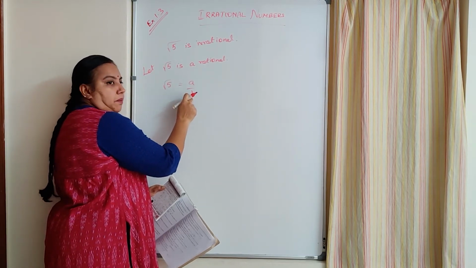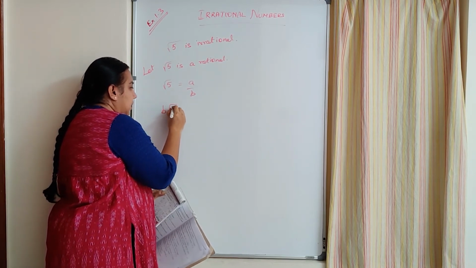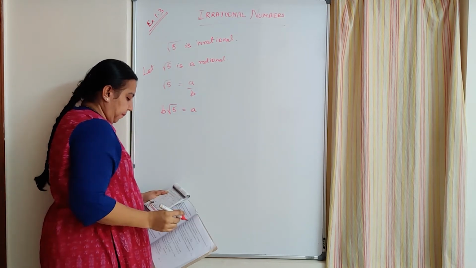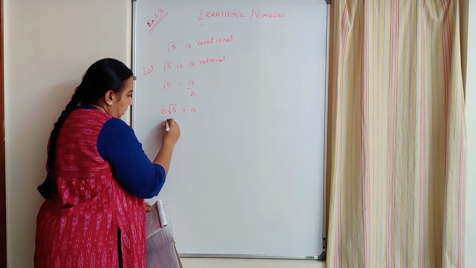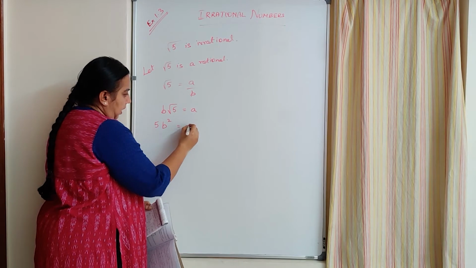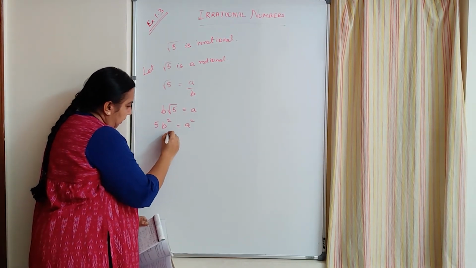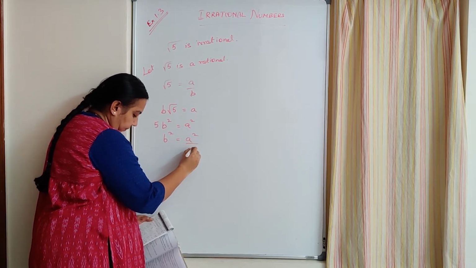We can bring this b to the numerator side, so it becomes b square root of 5 is equal to a. Squaring on both sides, that square root has gone, so 5b square is equal to a square. Then I am writing b square is equal to a square by 5.